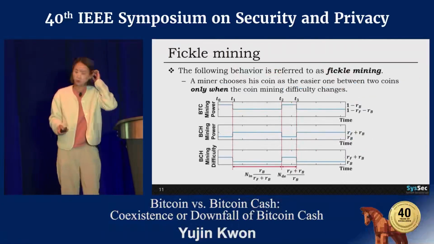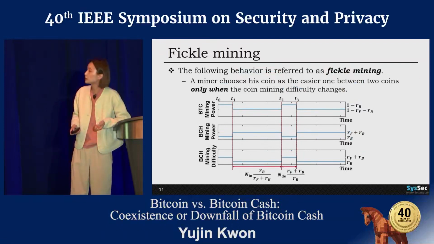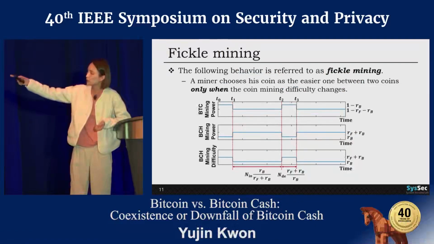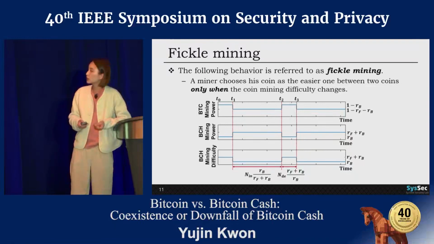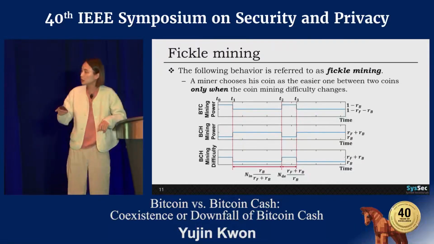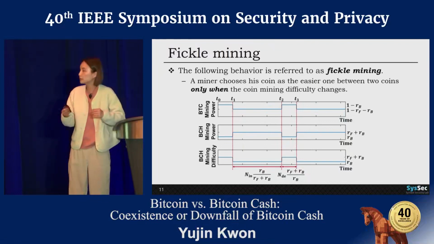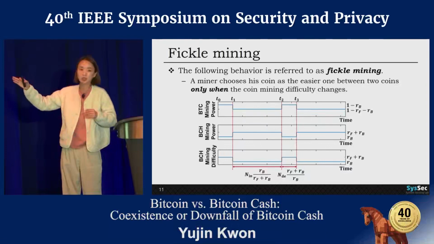To capture this behavior, we formally defined fickle mining. For easier understanding, you can see this figure. A fickle miner chooses the easier coin between two coins only when the coin mining difficulty changes. In this figure, at T0, the BCH mining difficulty is high, so large mining power is involved in BTC mining.